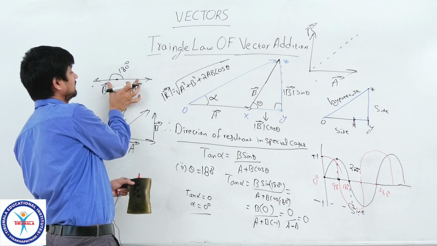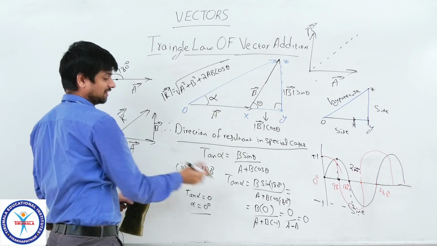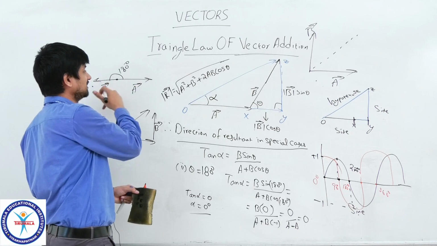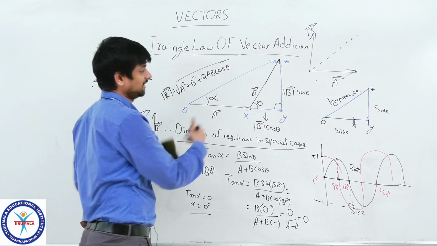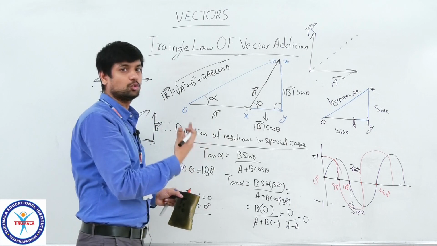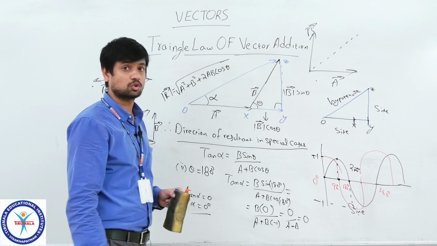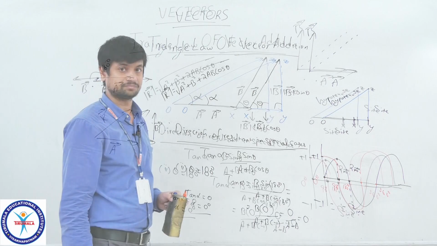So, what happens? You are taking subtraction, A minus B. If you want to get its magnitude, it will be A minus B. In these cases we can understand how two vectors are added. In another manner also we can add, that is the parallelogram law of vector addition.